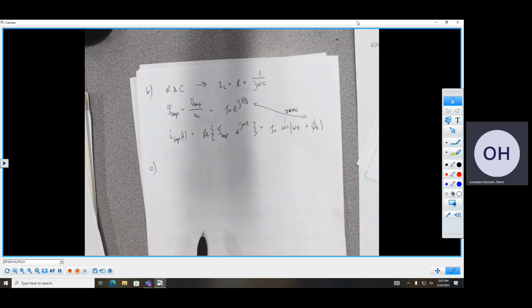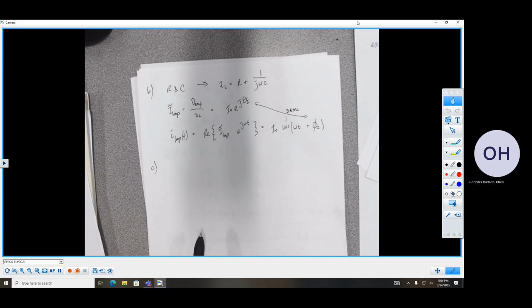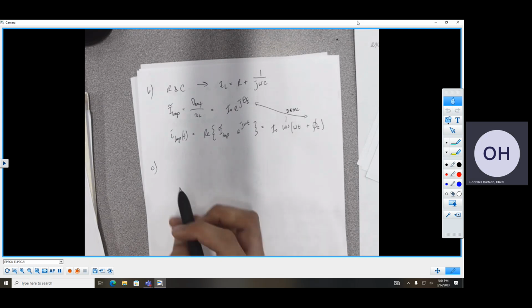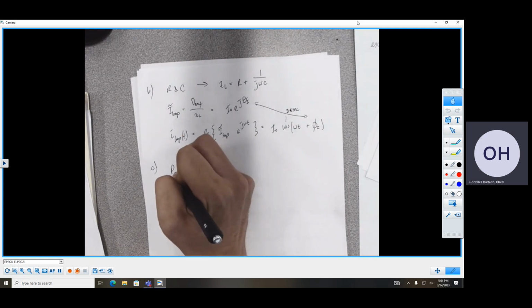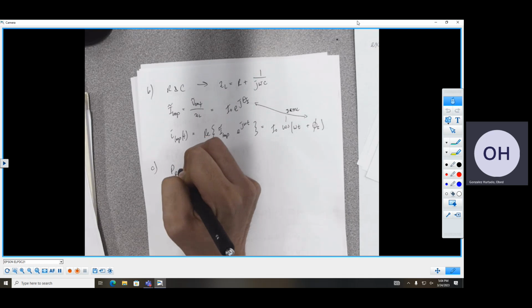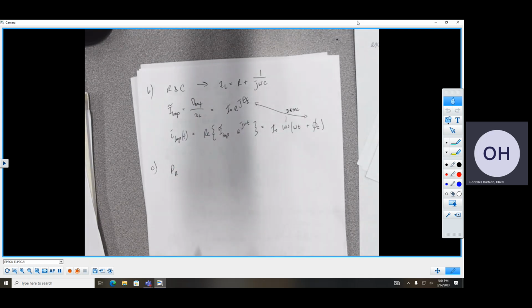C, time average power. So we know that our time average power will be, and it's asking specifically for the resistor.